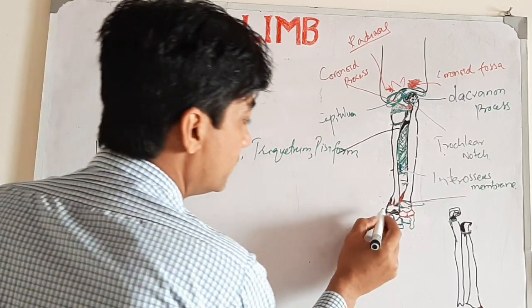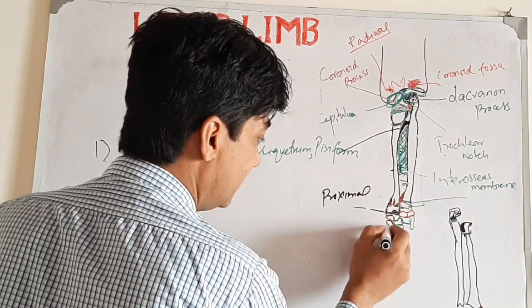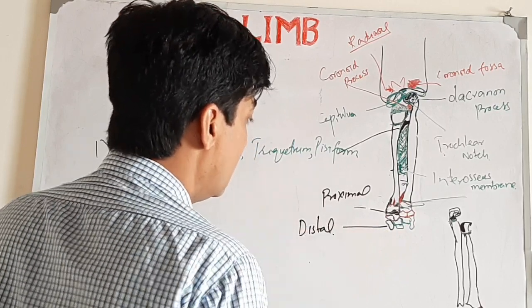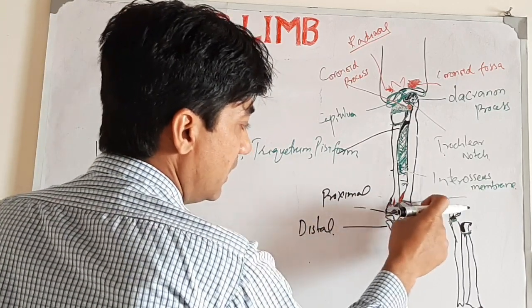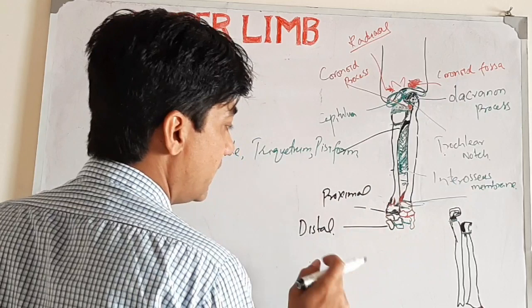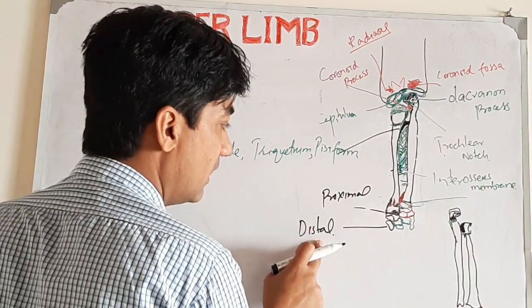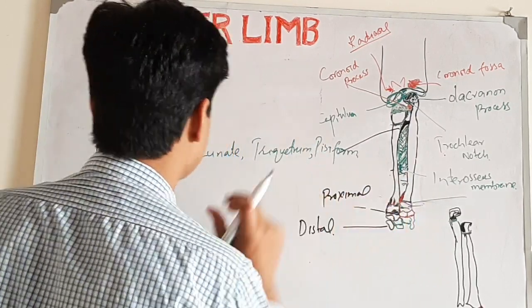The first row is called the proximal row, and the second is the distal row. These two rows are arranged at the carpus joint, first proximal and second distal. There are four bones in each row.